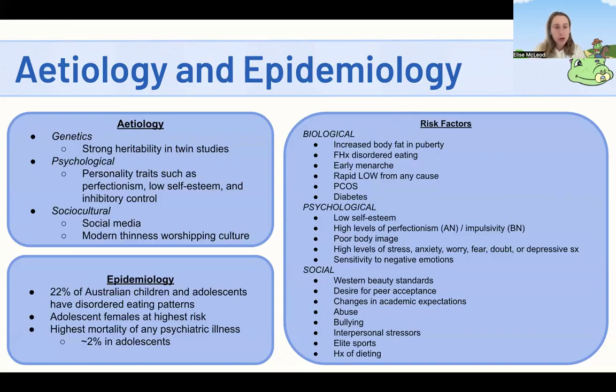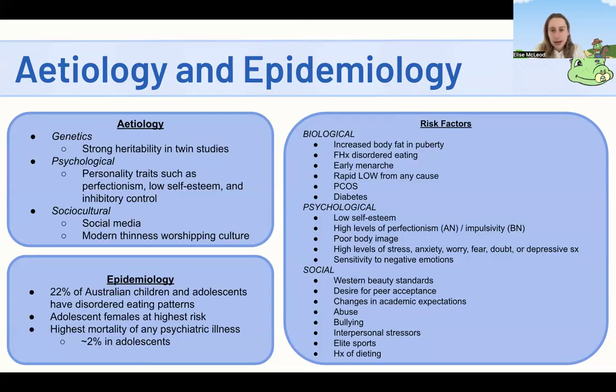In terms of epidemiology, about 22% of Australian children and adolescents have disordered eating patterns. And adolescent females are at the highest risk, and it actually, very sadly, has the highest mortality of any psychiatric illness, about 2% of adolescents, and that's why intervention is really, really key.